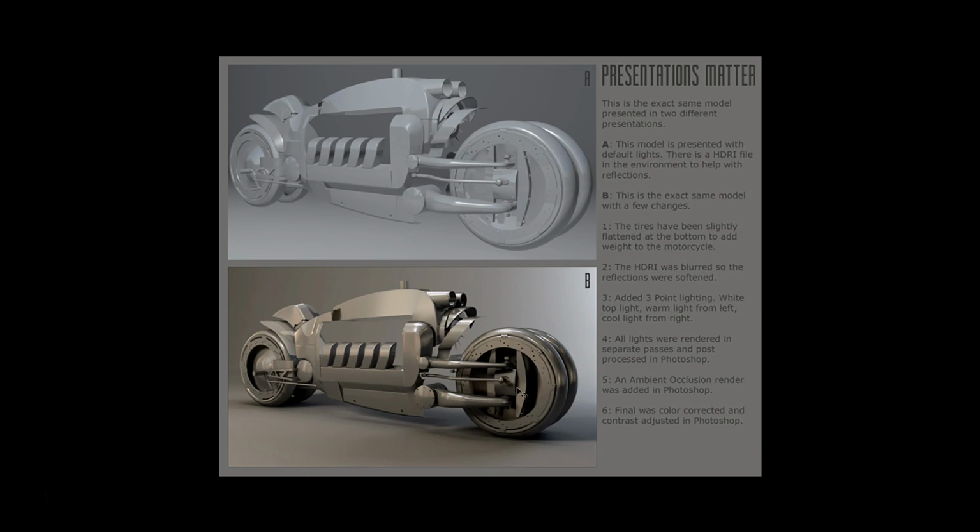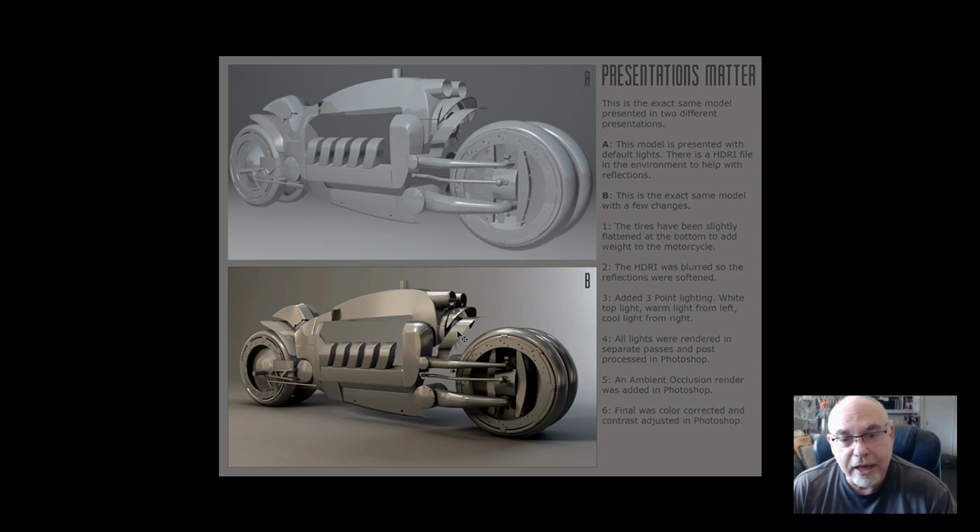I got an ambient occlusion render over the top of it and composited in Photoshop. So yes, I probably spent another maybe 30 minutes on top of what it took to do this one. But in the end, this one kicks that one's butt. I win. You want to win too. So your presentations are very important.